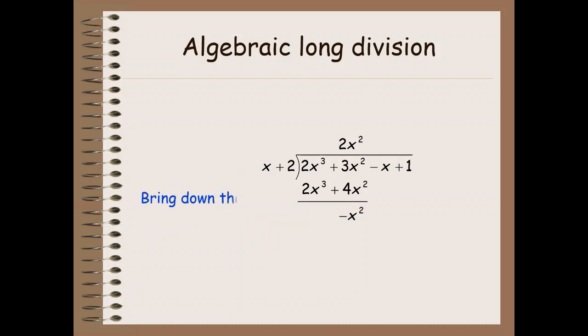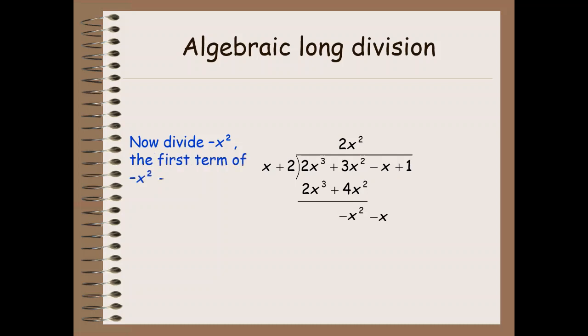Next, I will bring the negative x down beside my negative x squared. And then I'm going to ask the question again. Negative x squared divided by x, the first term of my divisor, is negative x.